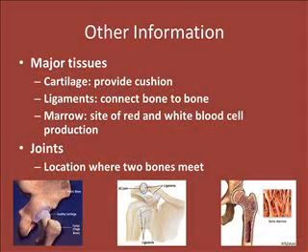The skeletal system also has some major tissues that help it work efficiently. One of the major ones is the cartilage, and the cartilage is like what your nose and your ears are made of, and it's flexible. Its job is to provide a cushion, and you find cartilage anywhere that bone meets bone.